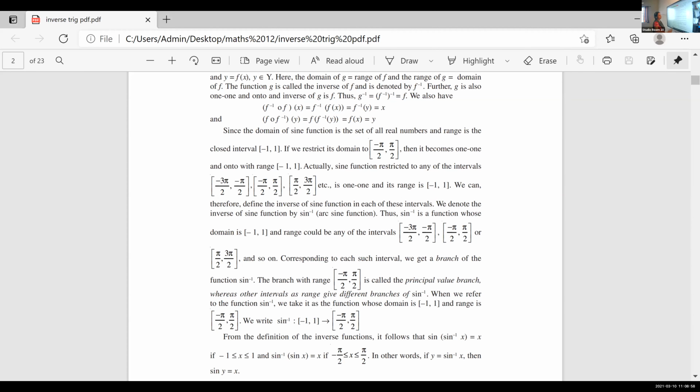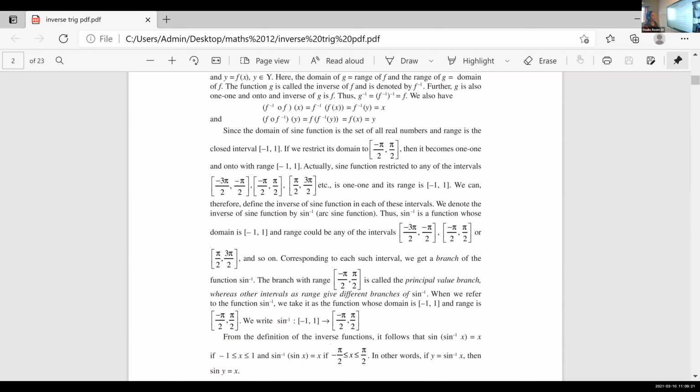The domain of the sine function, you have the textbook, so go through it. The domain of the sine function is the set of all real numbers and the range is -1 to 1. Now, instead of taking real numbers, suppose we restrict the domain to -π/2 to +π/2.